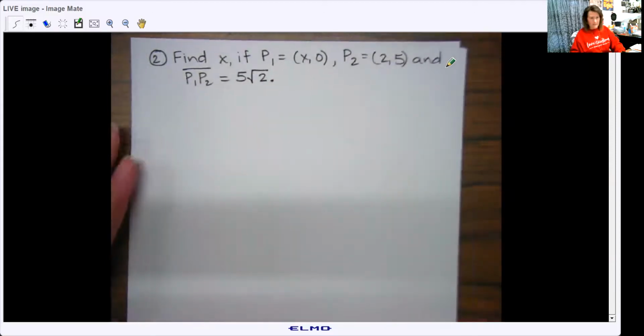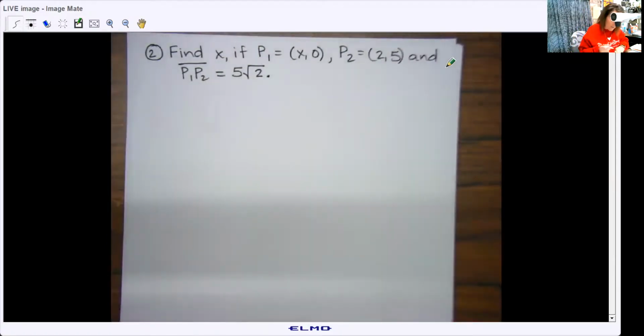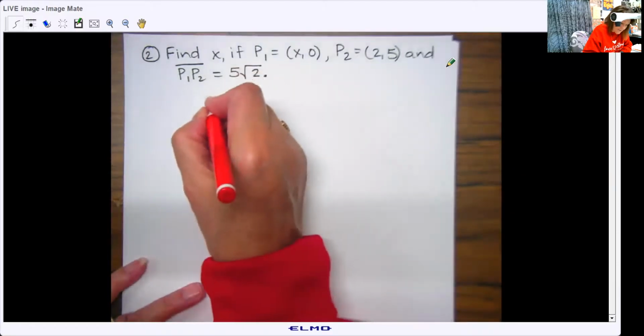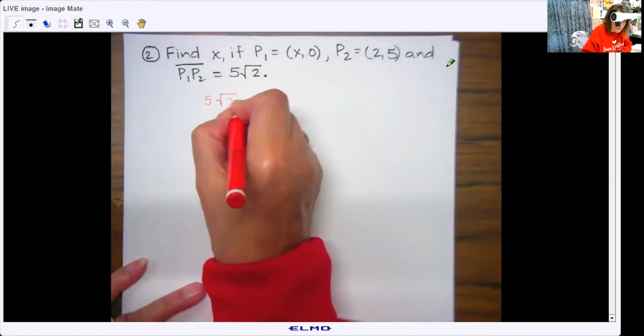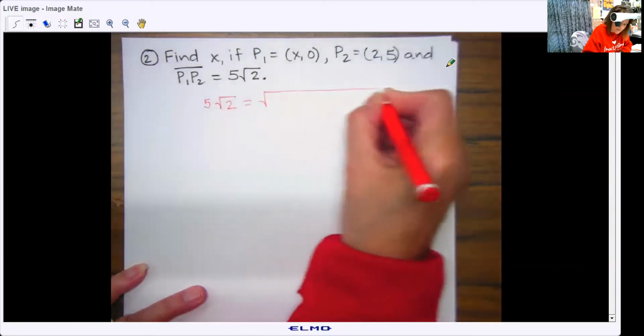All right, look at that problem. Well, that looks fun. Let's see if we can just set up the distance formula. We already have the distance. 5 times the square root of 2 is equal to, now let's set up that distance.